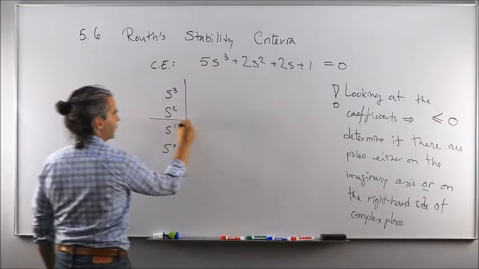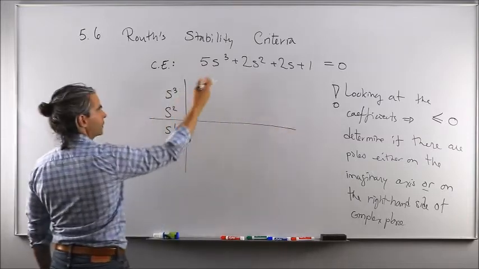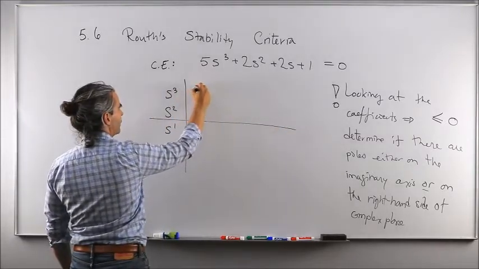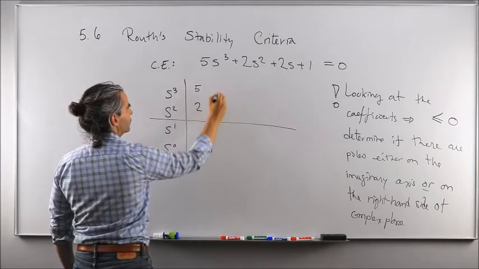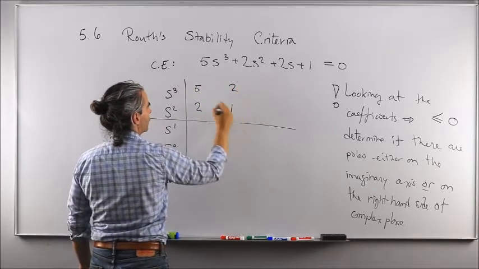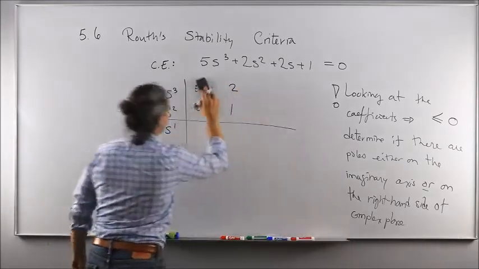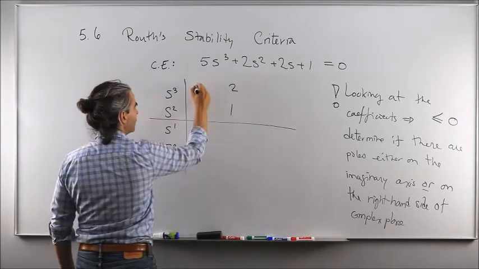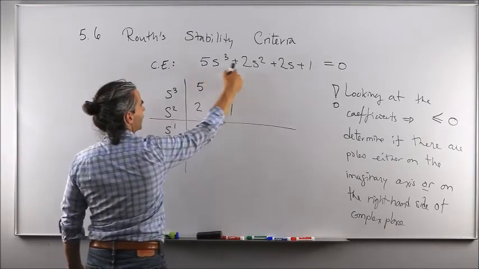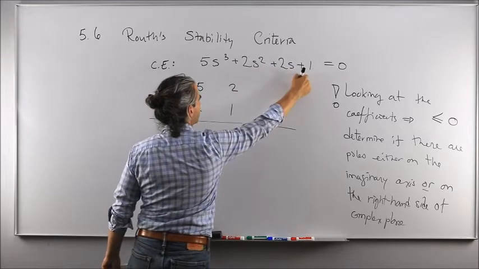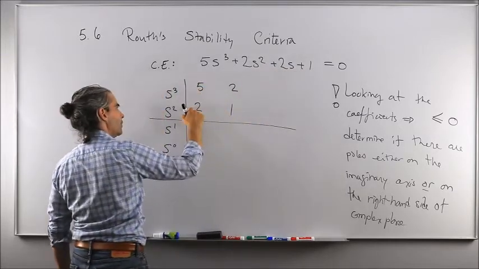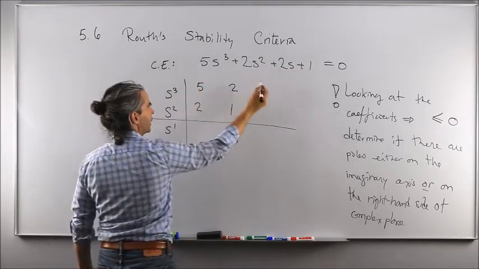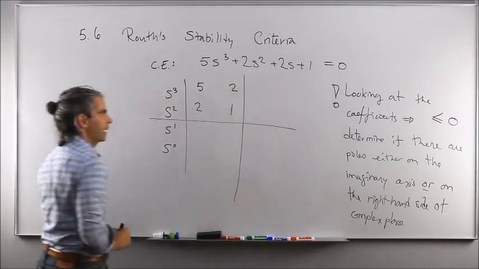I know I'm filling the first two rows with what I'm given. That'll be my 5, 2, 2, 1, right? Because that is my A naught, A1, A2, A3. And that's all I have. Boom. That's it.